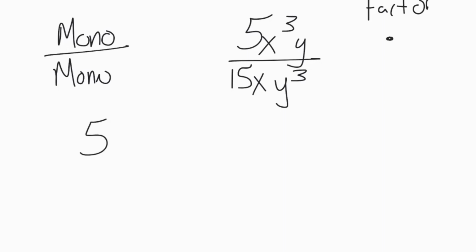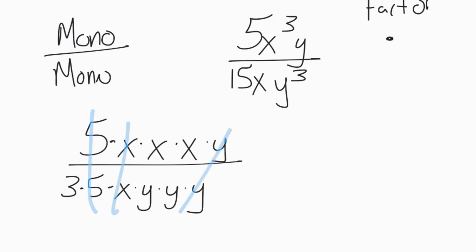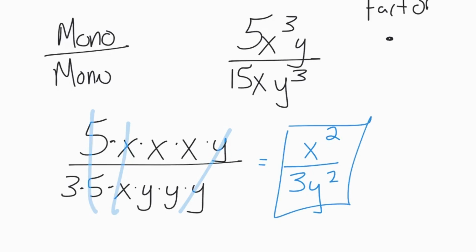So we would have a 5 times an x times an x times an x times a y over a 3 times a 5 times an x times a y times a y times a y. And we know that once we have the same factor on the top and the bottom, we can cross them out. Then we bring everything together, and this is an x squared over 3y squared. Now that's a monomial over a monomial. Okay. We know how to do that, so now let's continue this idea.